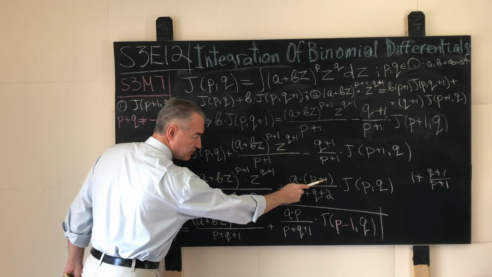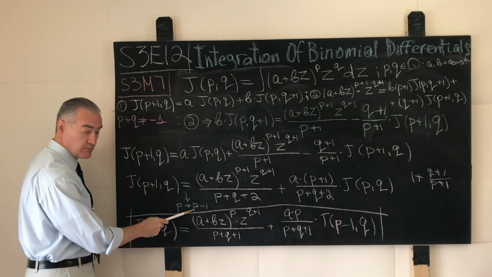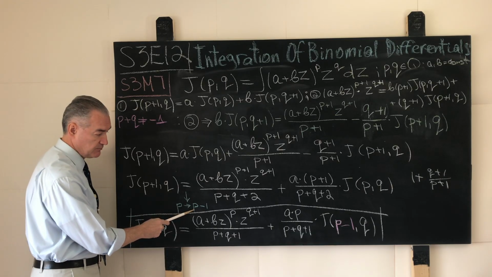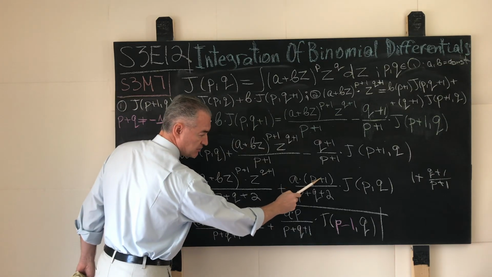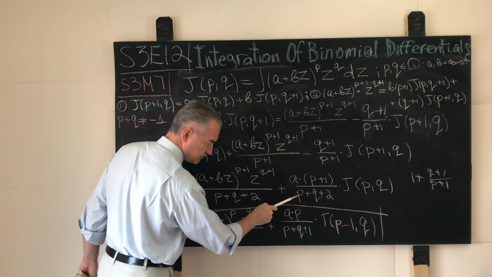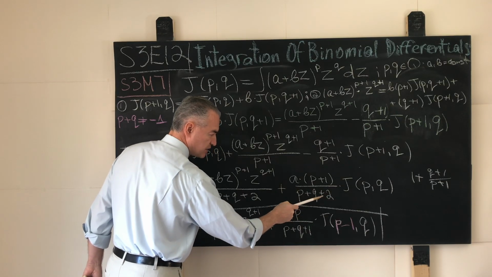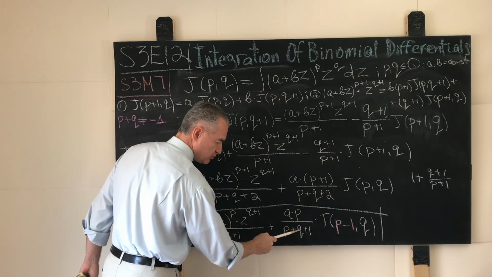Now, p plus 1 becomes what? Becomes p, because p is replaced by p minus 1. You see? P minus 1 plus 1 becomes p. And in the denominator again, this p becomes p minus 1. Minus 1 collides with plus 2. Plus 1 comes out. P plus q plus 1.